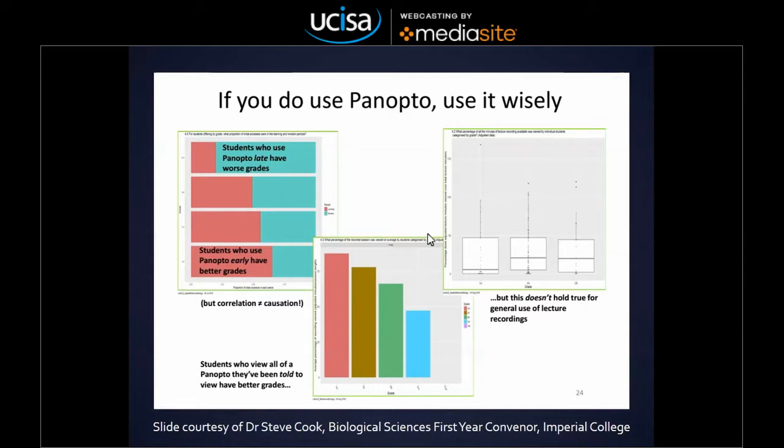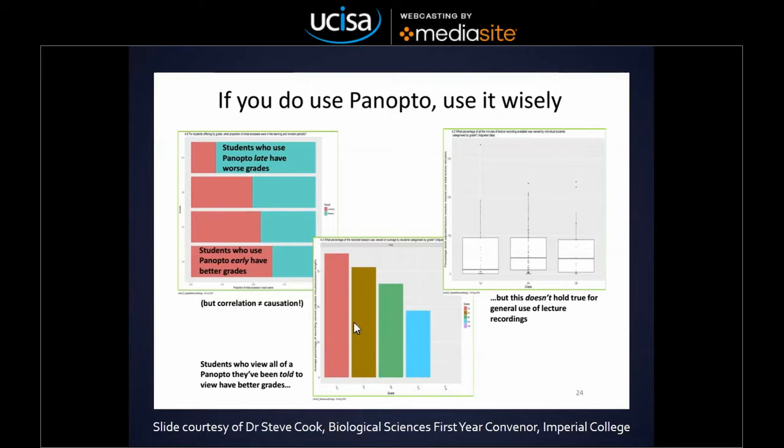So this is a slide from a study skills lecture, which says we haven't found any difference in attainment based on how much people use the lecture recordings. So you can choose to use it or not use it, but you don't have to use it in order to succeed. If you do use it, use it wisely. Use it early.